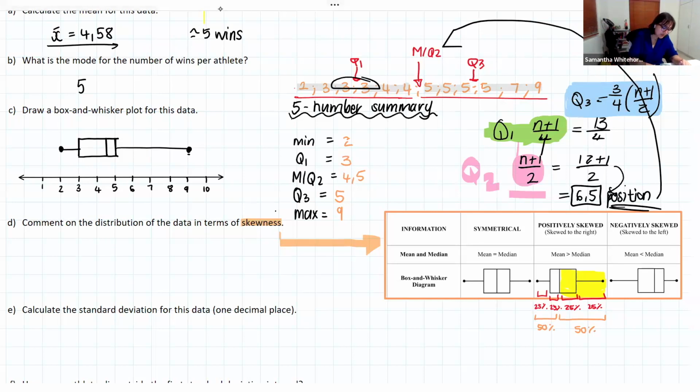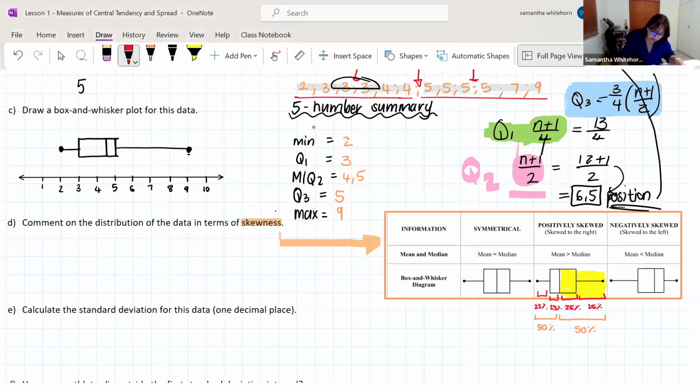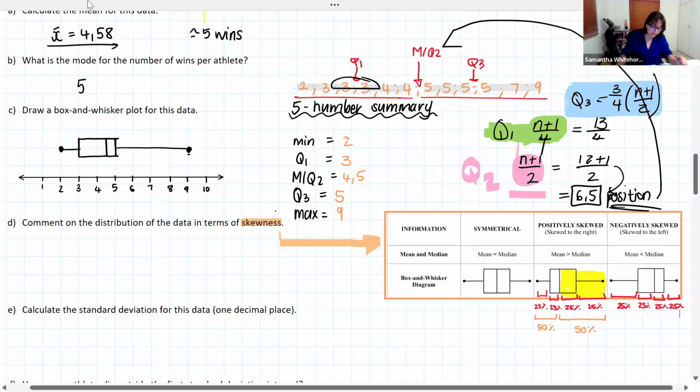Negatively skewed, on the other hand, is basically the converse of that. Again, remembering that every little segment here is 25%, so they all contain the same number of data points. Their size or their width is just telling us how the data is distributed.